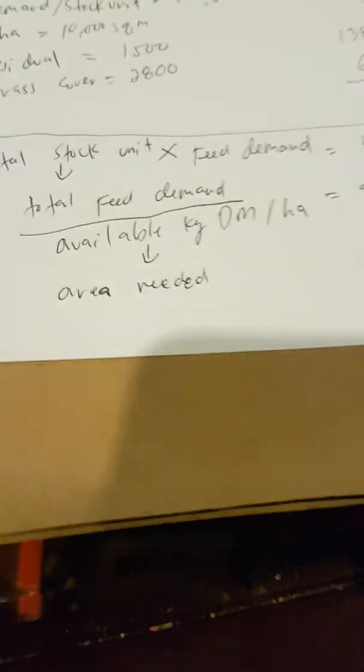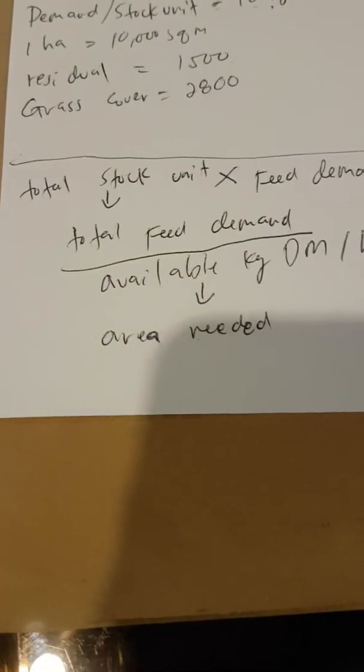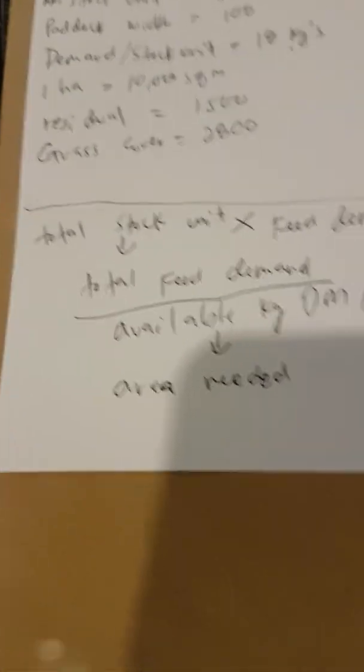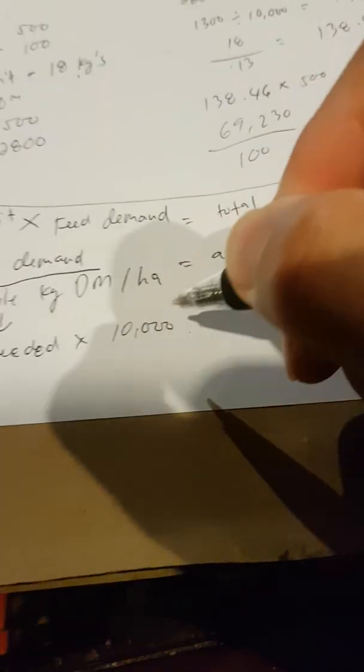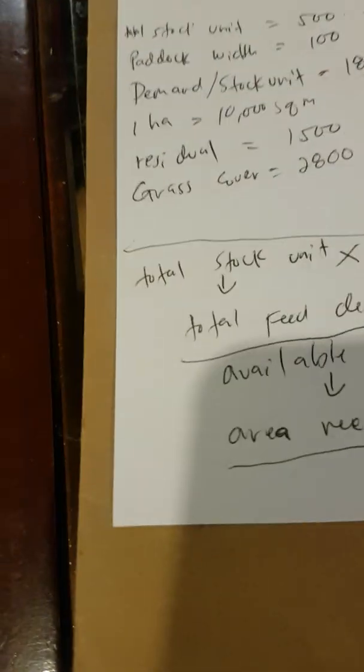Next is area needed times 10,000, which is 1 hectare, divided by the length of the paddock. Forgive me, my brain's a little bit slow at the moment. This is going to be your length, 692 meters.